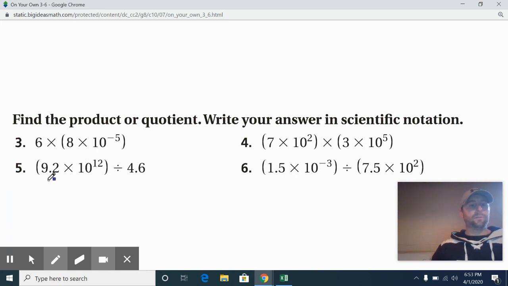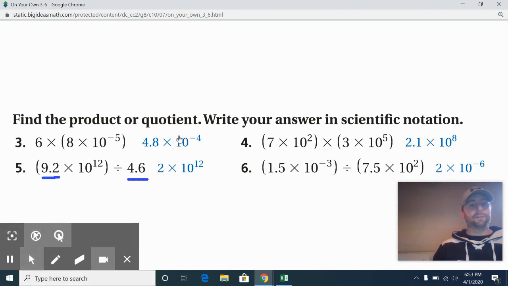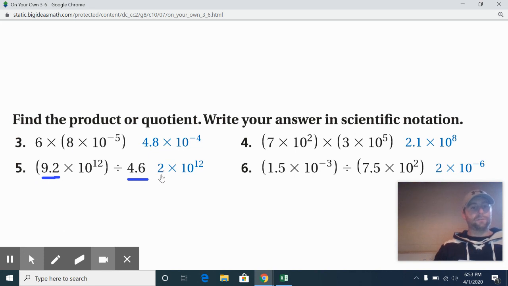So simply what you do in number 5, problems like this, take 9.2 and divide by 4.6. You'd get a number there. 9.2 divided by 4.6 gives us 2. And then since there's no other 10 to any power, you can't subtract anything with your exponent. So that just remains as is. Okay? So it is kind of as simple as that.